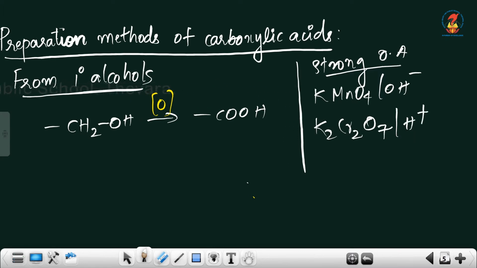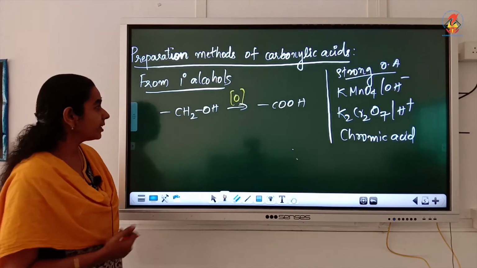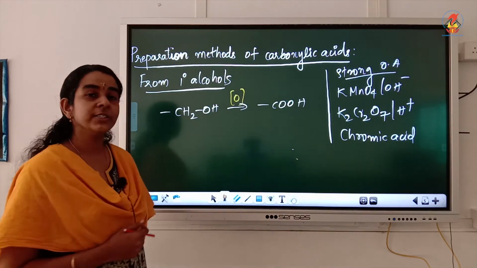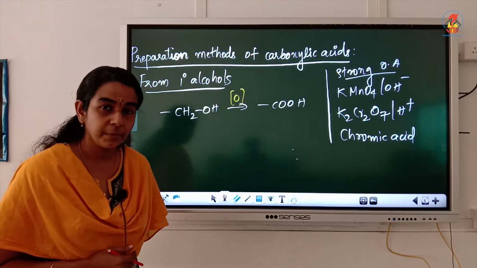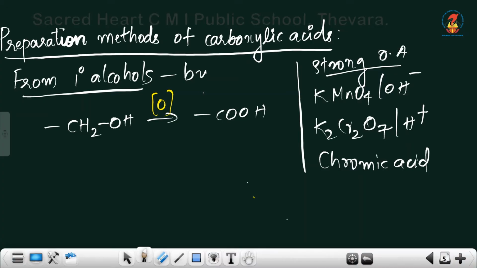It is acidified potassium dichromate, or we can use chromic acid also. So these are the common strong oxidizing agents we are using. So primary alcohols on oxidation, using strong oxidizing agents, we will get carboxylic acid. So the method of preparation is by oxidation.